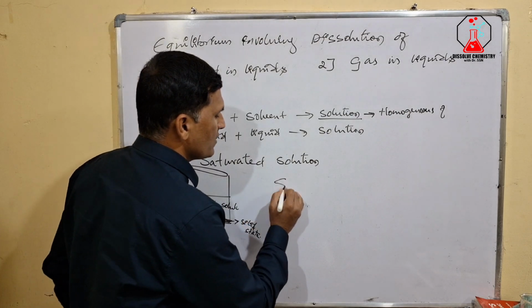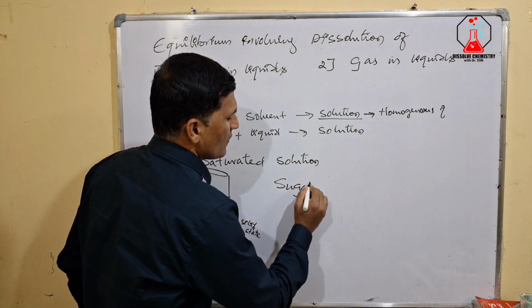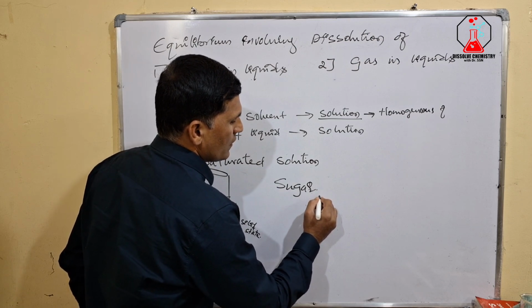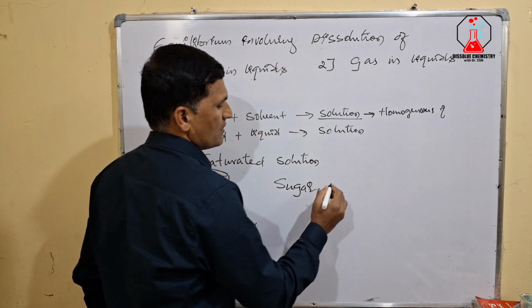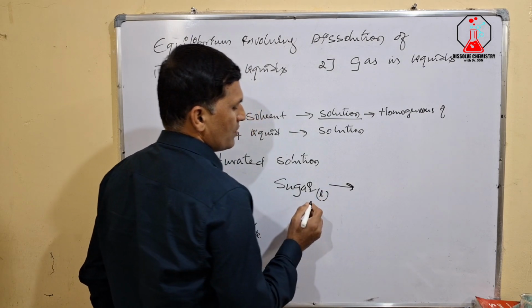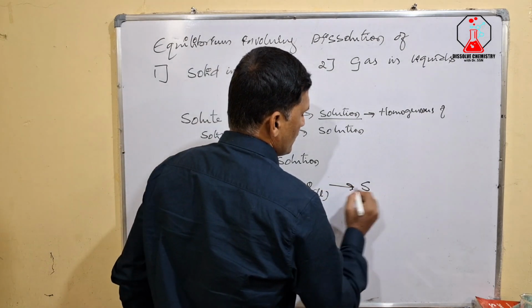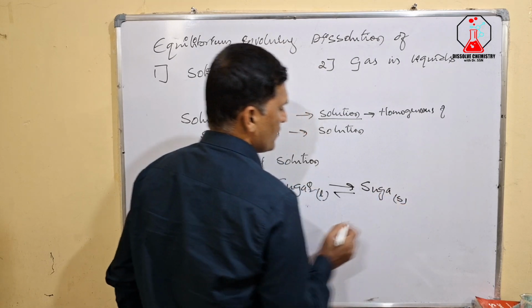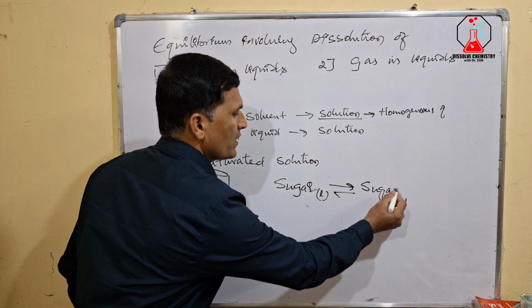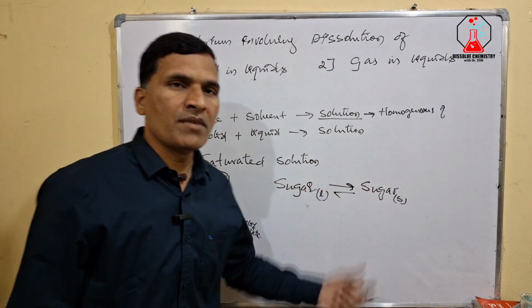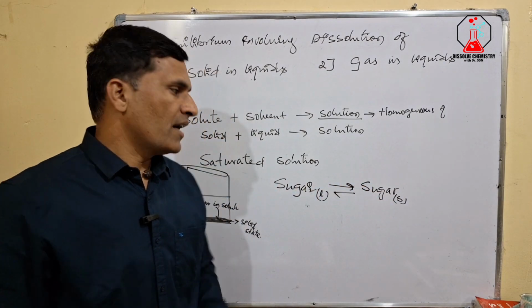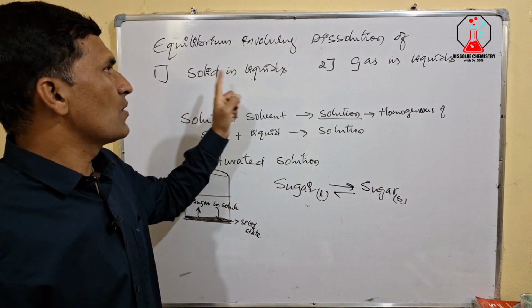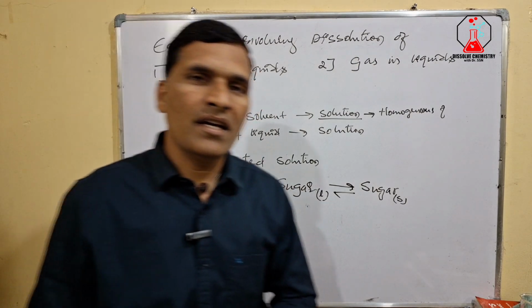So how we will represent this: sugar in liquid phase, or in solution, and sugar in solid state. So now a dynamic equilibrium is being established between these two, and that we call an equilibrium between solid upon dissolution in liquid.